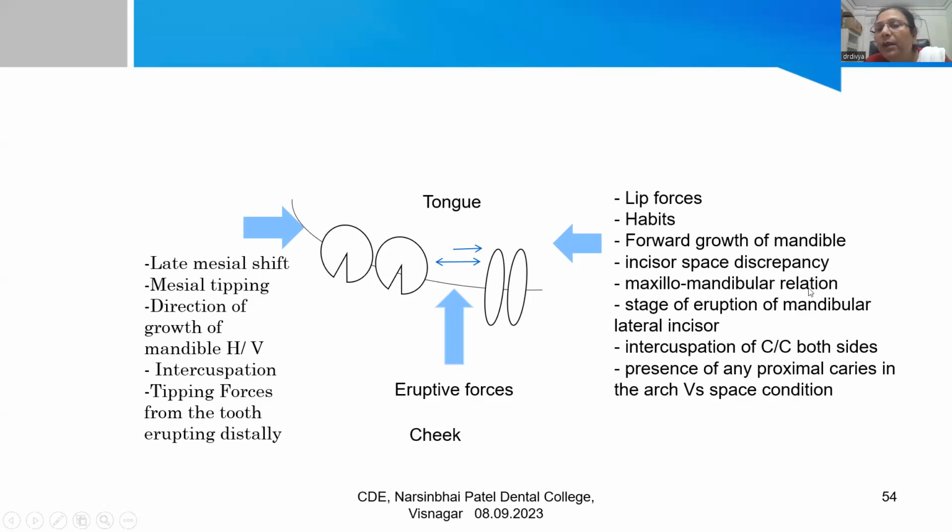The maxillomandibular relation may be defective, if because of the habit the maxillary axial inclination is changed. Consider the stage of eruption of the mandibular lateral incisor, intercuspation of the canines on both sides, presence of any proximal caries in the arch, and the space condition. So all these things. Any loss, any caries in the borderline arches, you think malocclusion is developing.